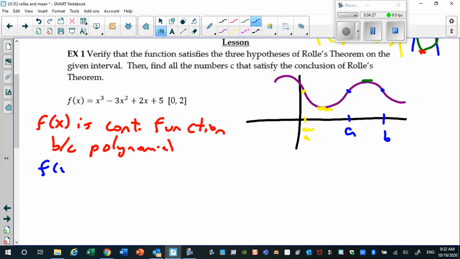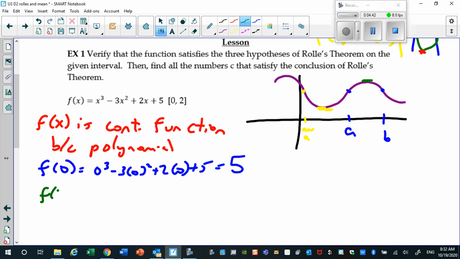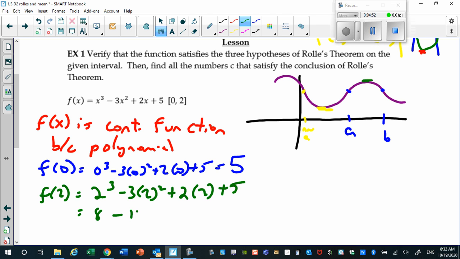I need to figure out what f of 0 is. That is 0 cubed minus 3 times 0 squared plus 2 times 0 plus 5. I wouldn't actually write any of that out. I would write f of 0 equals 5. And now I'm going to figure out what f of 2 is. It is 2 cubed minus 3 times 2 squared plus 2 times 2 plus 5: 8 minus 12 plus 4 plus 5.